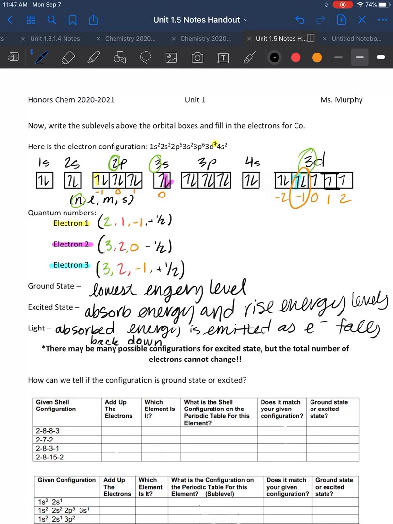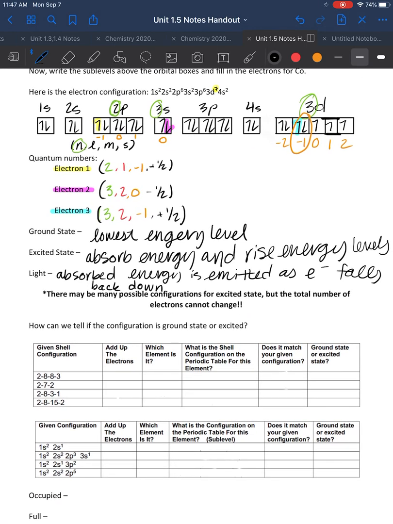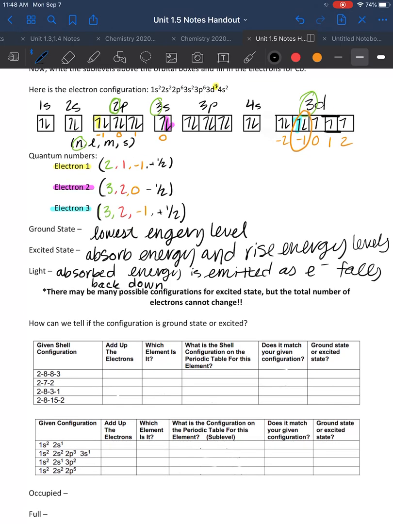And so that energy is emitted as photons, which are just particles of light. So key here being that there may be many possible configurations for excited state, but the total number of electrons cannot change. So the electrons can move around in sublevels and orbitals, but the total number cannot change.